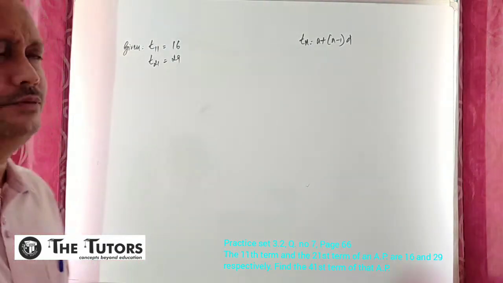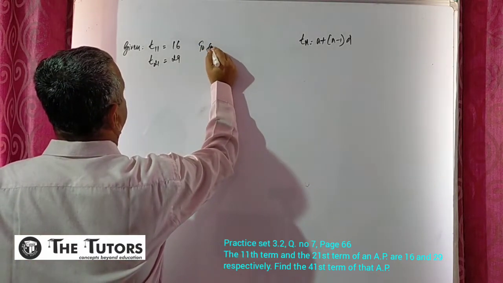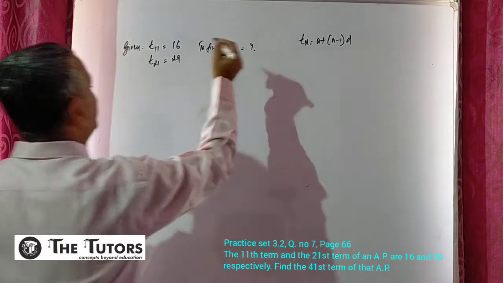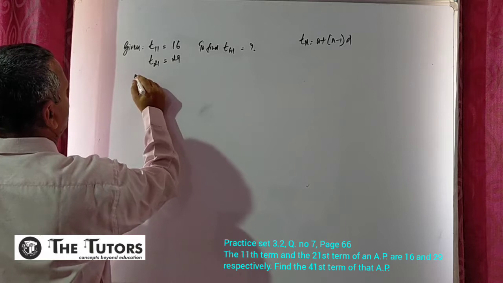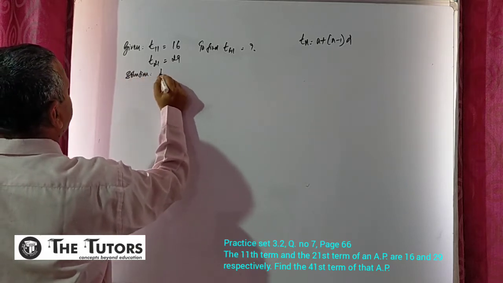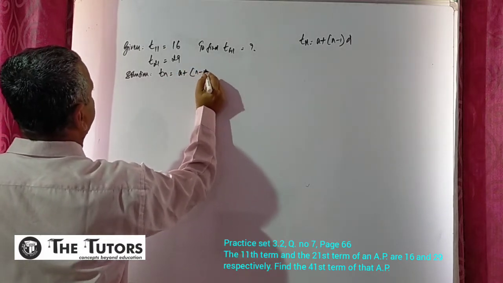We have to find the 41st term, T41. Formula: Tn is equal to a plus n minus 1 d.